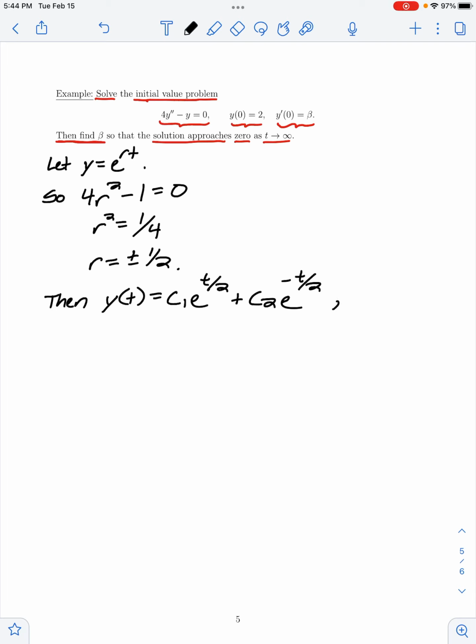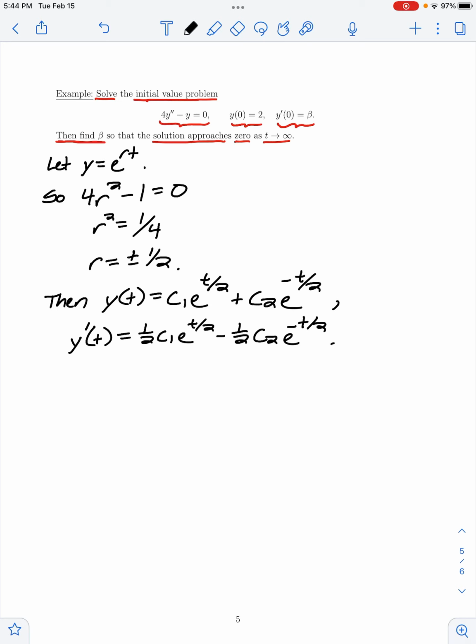And if I differentiate this expression in order to apply that second initial condition, we have 1/2 c1 e to the t over 2 power minus 1/2 c2 e to the negative t over 2 power.